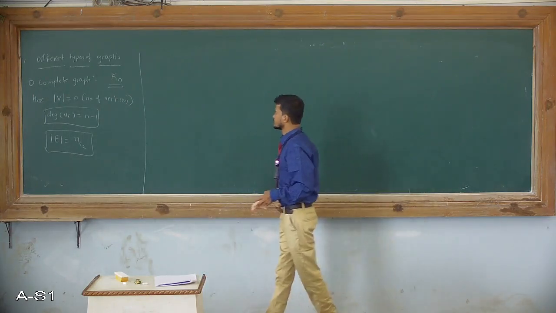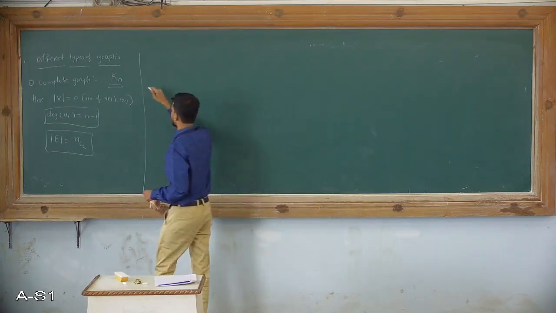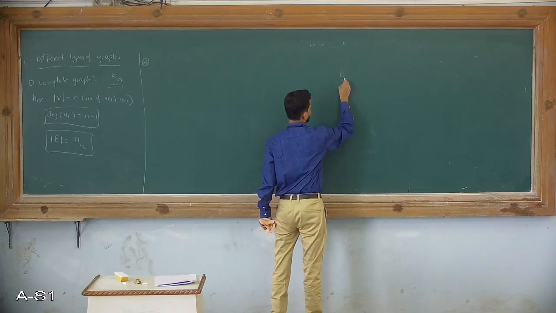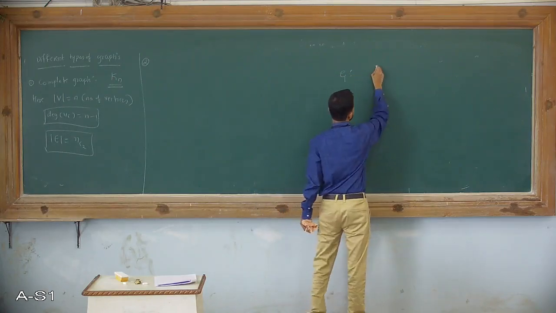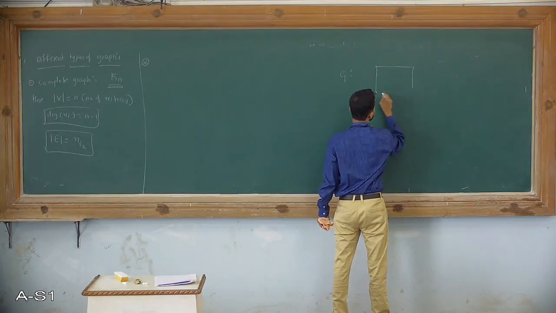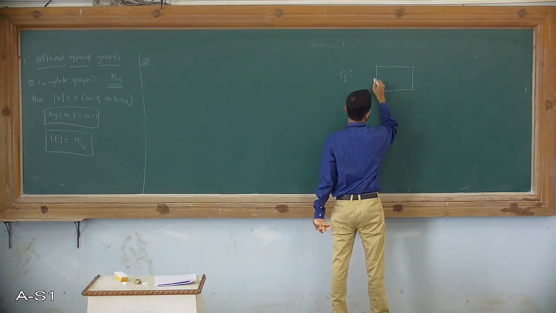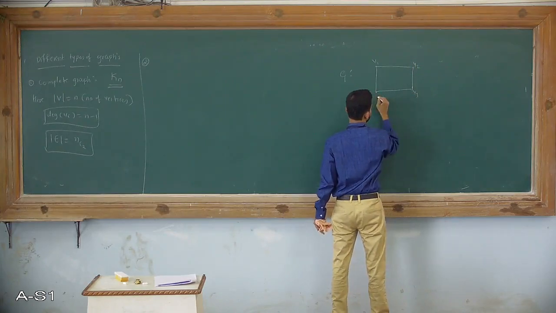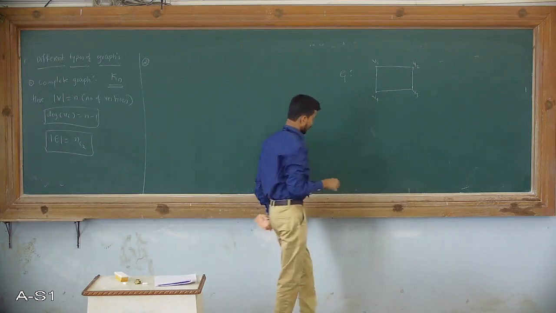This is the second type of graph. Again I will consider the same graph G, with vertices V1, V2, V3 and V4.